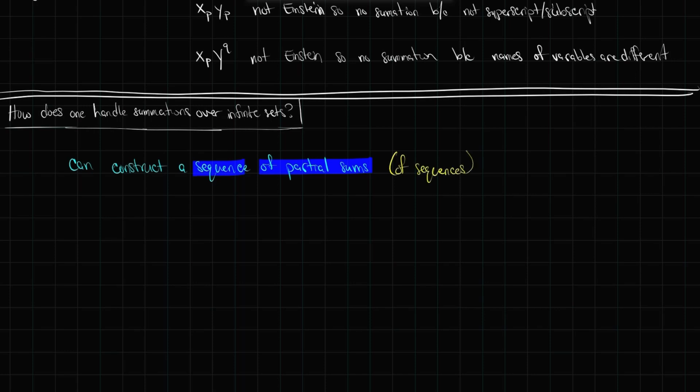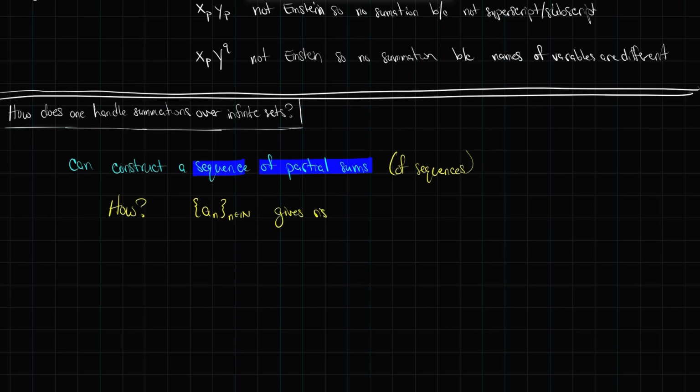This is like the meta version of sequences, right? Not Mark Zuckerberg meta, like meta philosophical meta. So we can construct a sequence of partial sums themselves of sequences, okay? So how do we do this? Well, we could say something like, consider the sequence a sub n, indexed maybe by the natural numbers.